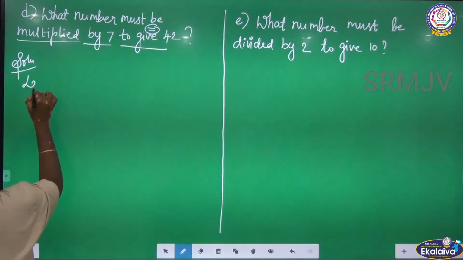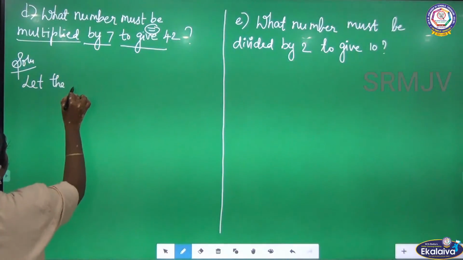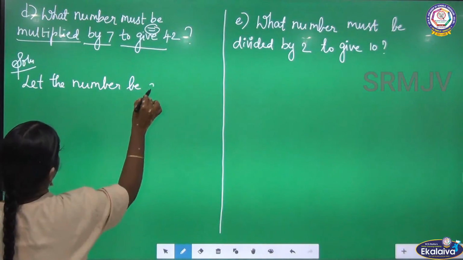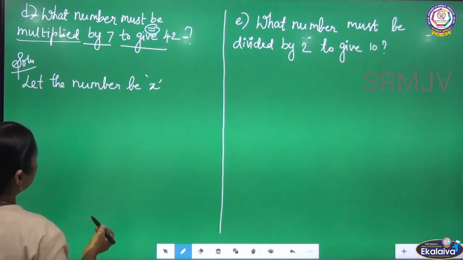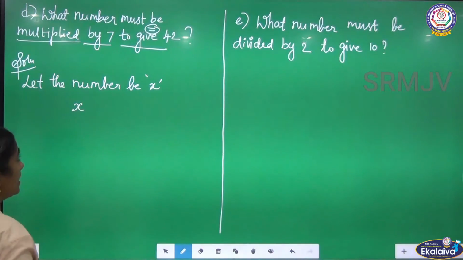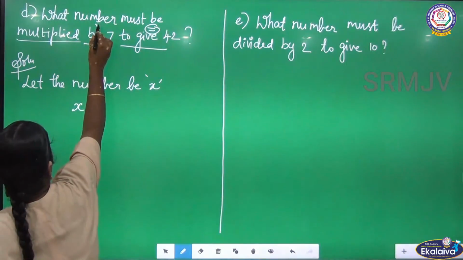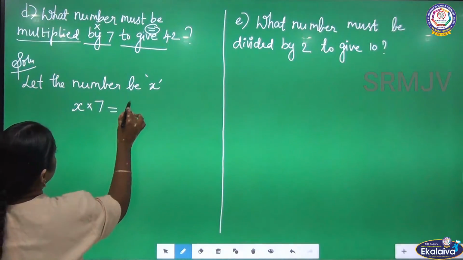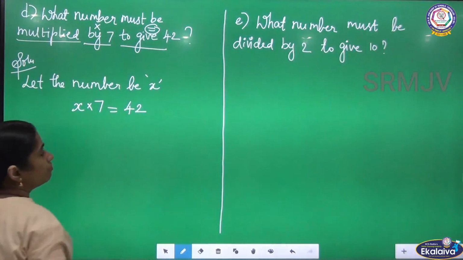So let the number be x. What number must be multiplied? I don't know that number. So here it is multiplication. So x into 7 is equal to 42.